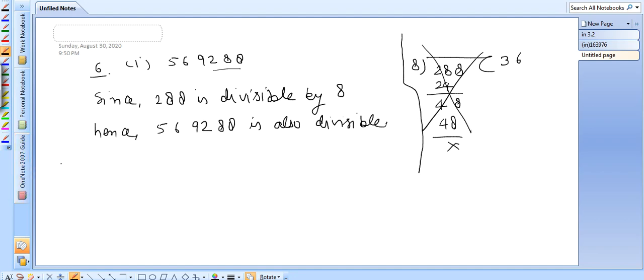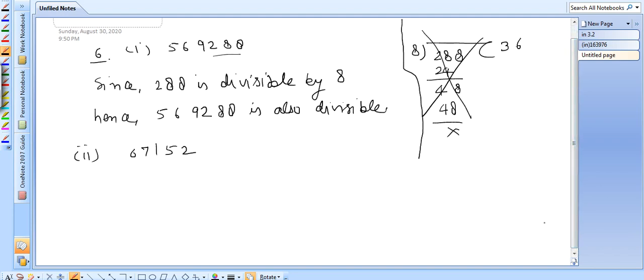Then we take the second part. Okay, all the parts of any question which I omit in the video, you will solve those parts. So second number is 67152. Again check the last three digits. So it is 152.